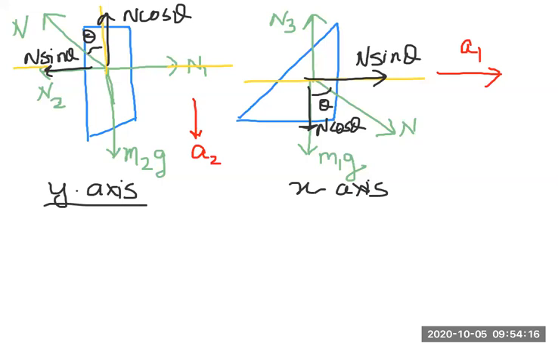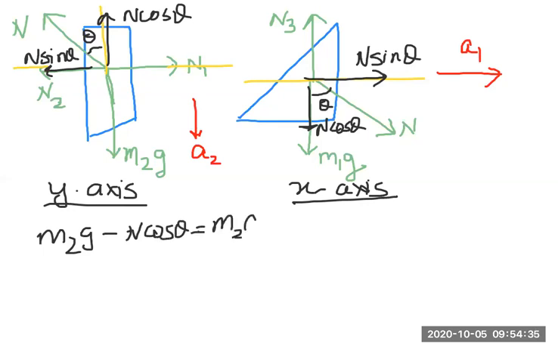And in the second diagram, along the vertical, there is an unknown force, N3, which I'm not interested in finding. So I write down the motion along the y-axis, which is M2G minus N cosine theta is equal to M2A2. And along the x-axis here we get N sine theta is equal to M1A1.